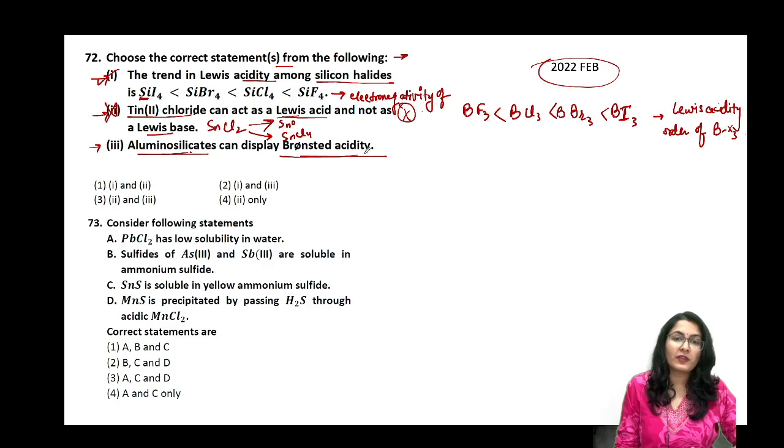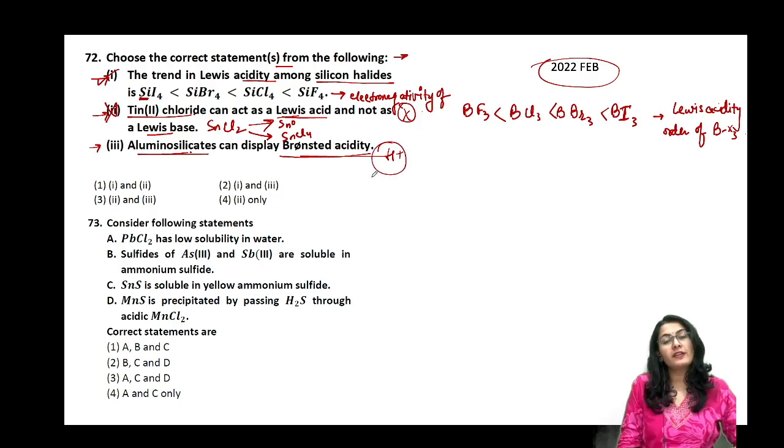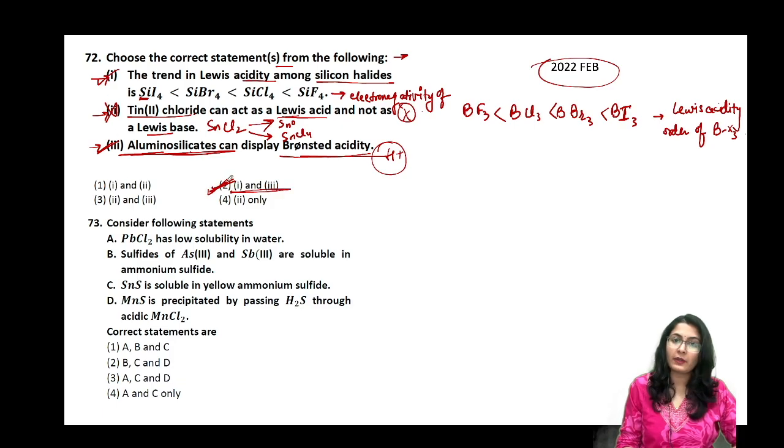Aluminosilicates can display Bronsted acidity. Now what is Bronsted acidity? Bronsted acidity talks about a proton, H+. So aluminosilicates can break down water and take away the OH minus and give H+. So this is also correct. So 1 is wrong, 2 and 3 are correct options.